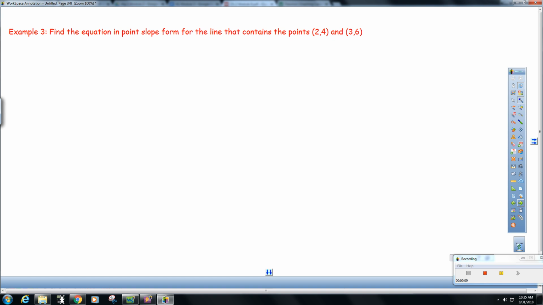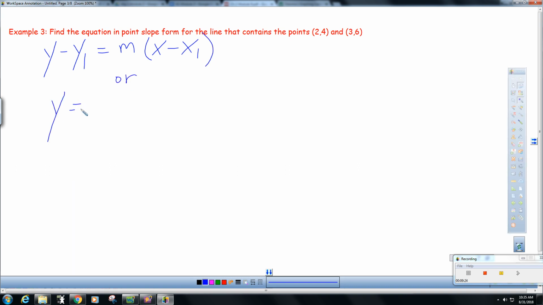All right, so find the equation in point-slope form. So it's one of these two forms.